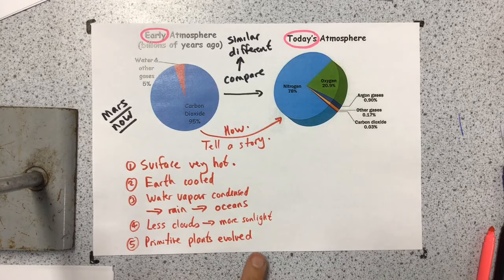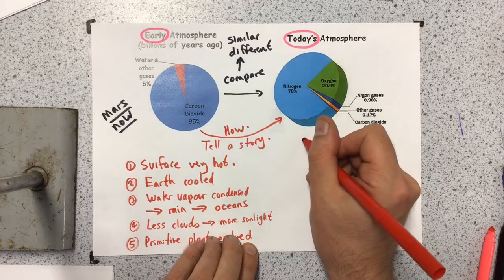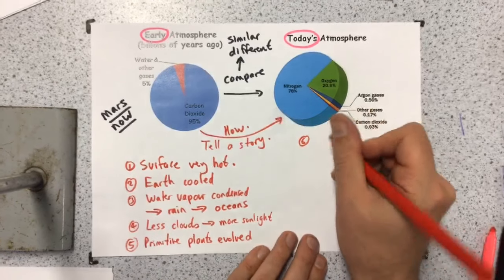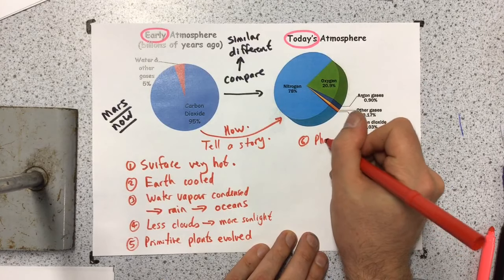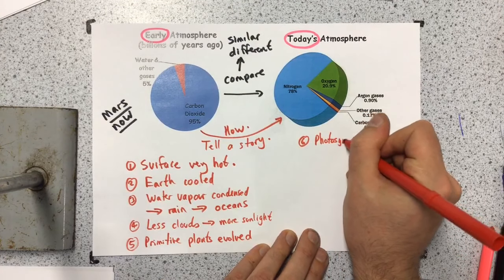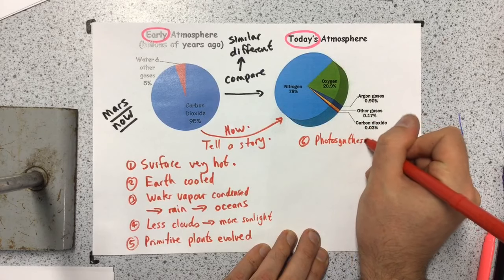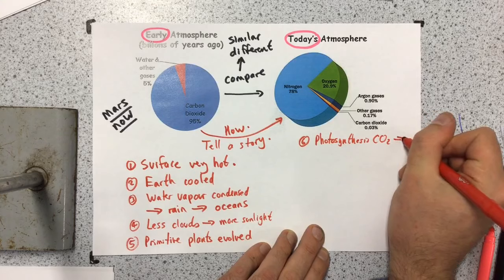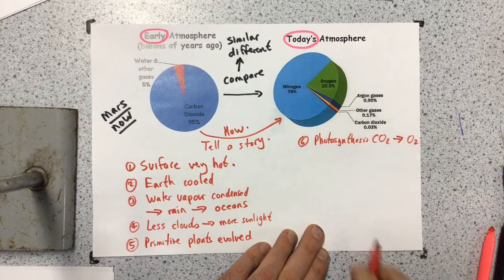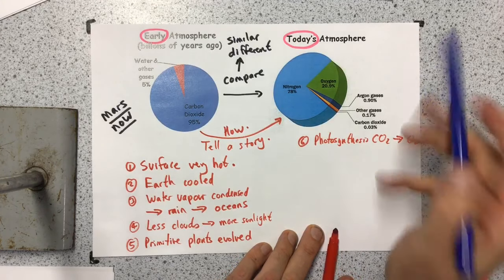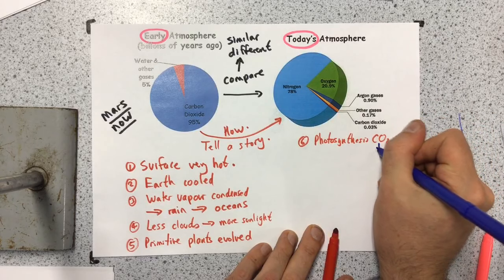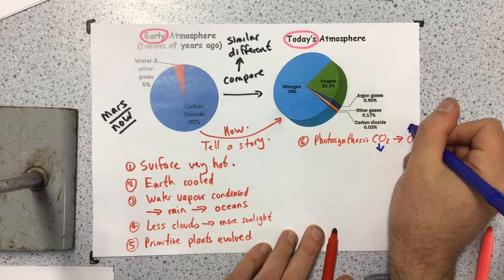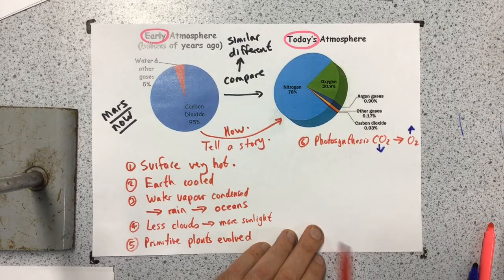Now, because we've now got plants, the next thing that could happen is that photosynthesis takes in carbon dioxide and turns it into oxygen. So the carbon dioxide levels start to go down and the oxygen levels start to go up.